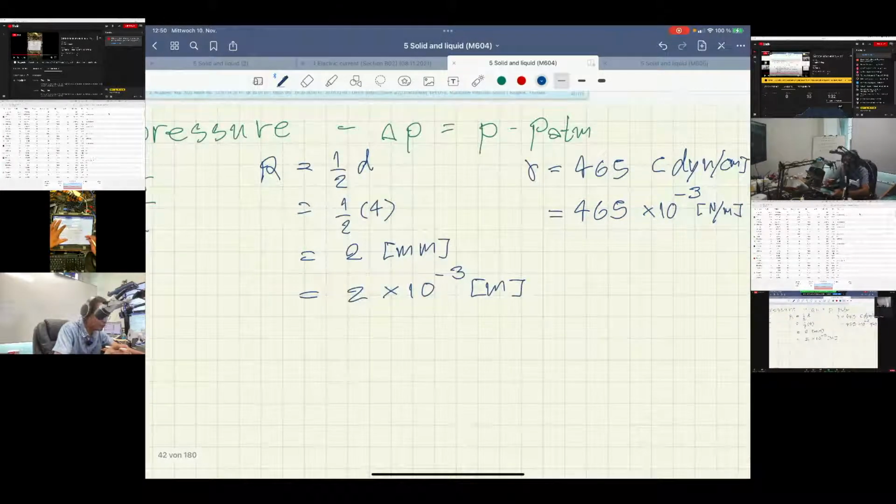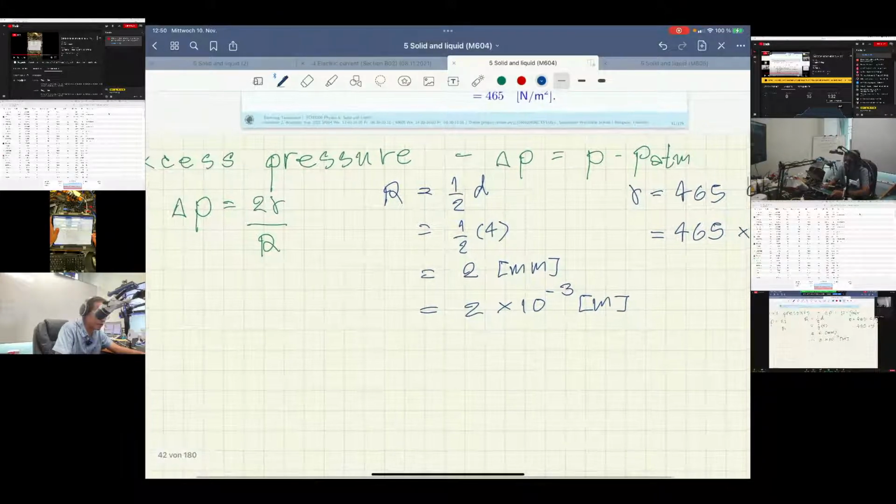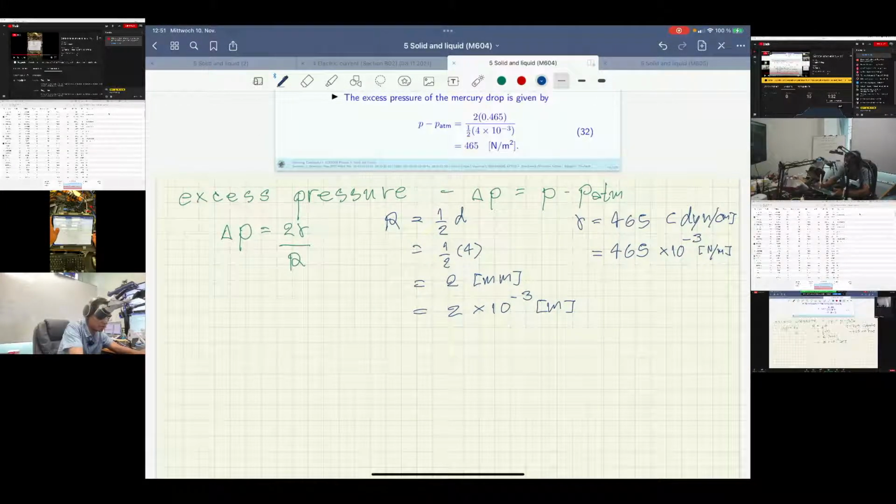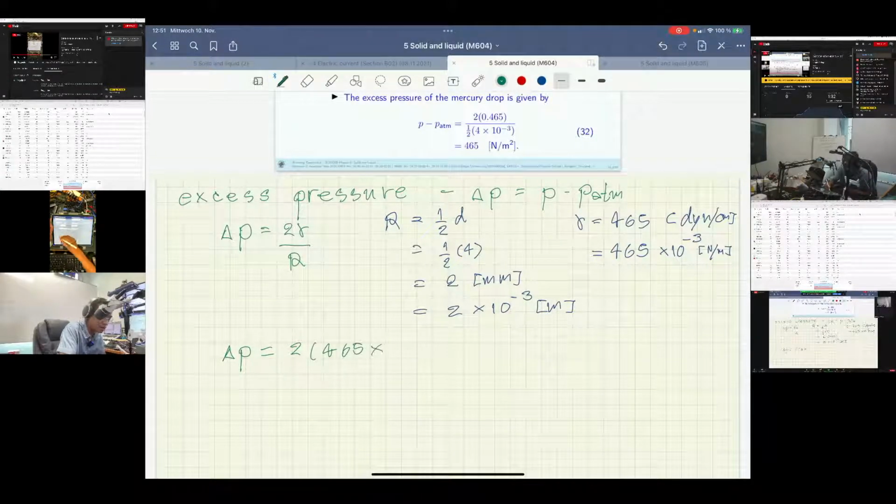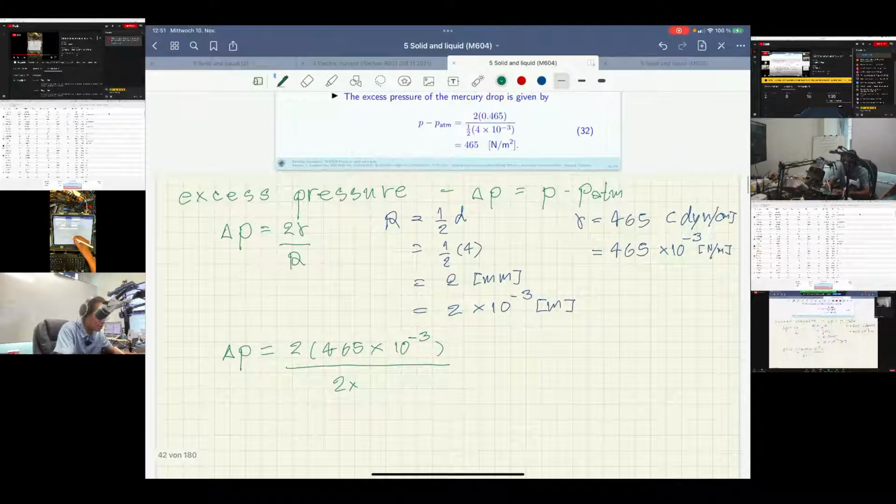Yeah. Now it's time to substitute everything into the main formula, and 2 gamma means 465 times 10 raised to negative 3, right? And we divide it by the radius, which is 2 times 10 raised to negative 3 again, right?